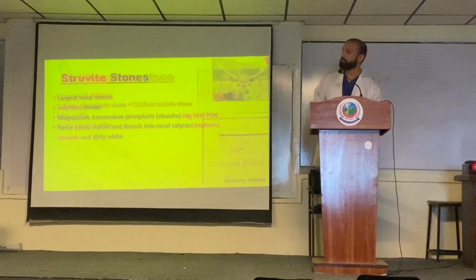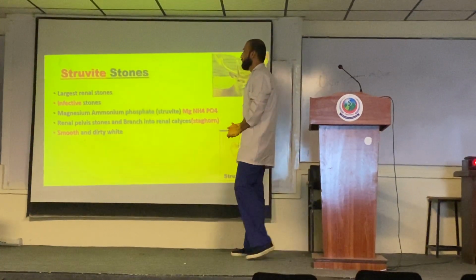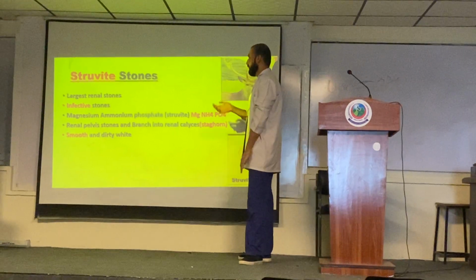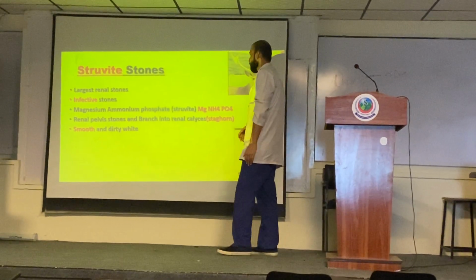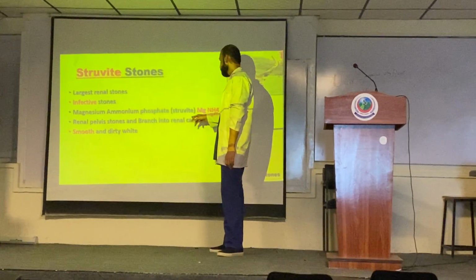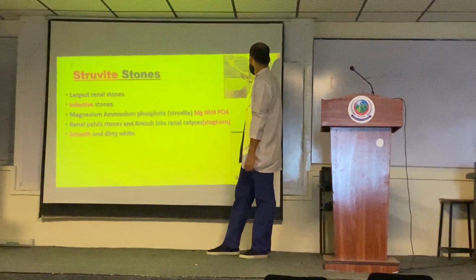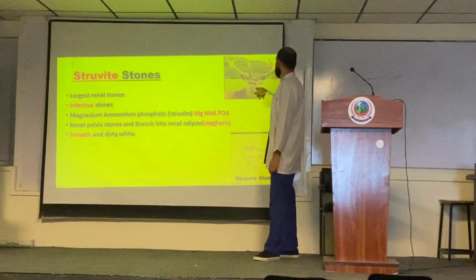Next, the screw-white stone. These are also called the largest renal stones or infected stones. Basically, they are called the screw-white stone because magnesium ammonium phosphate is present, and it is also called the staghorn stone, like the staghorn of the deer.